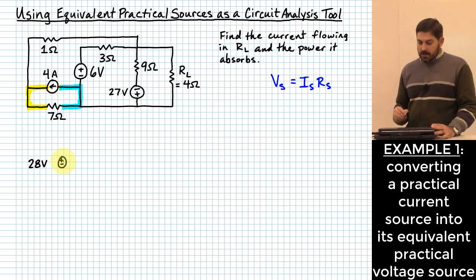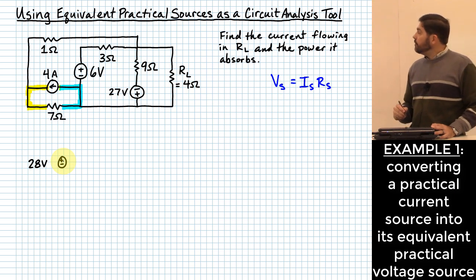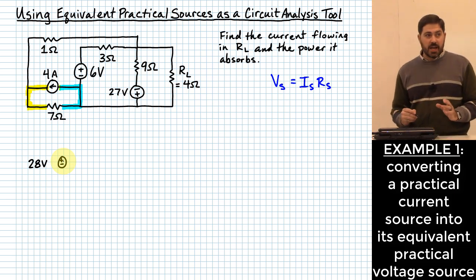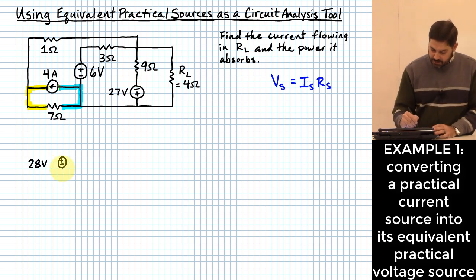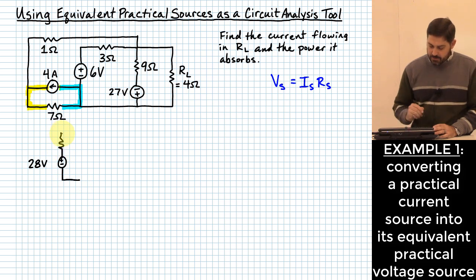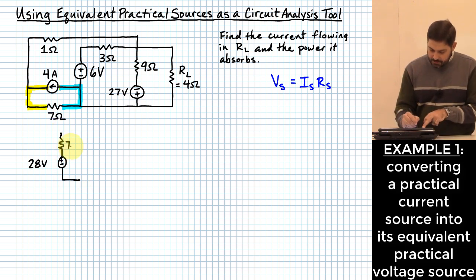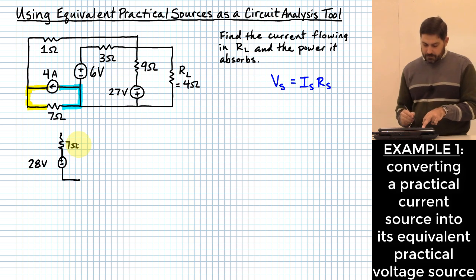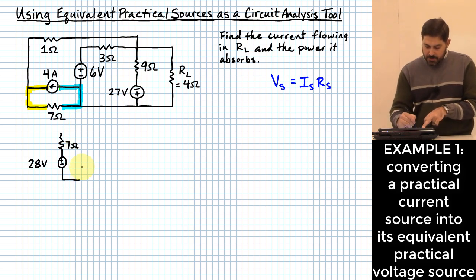Okay. When you do this, the resistance value doesn't change. You keep the same resistance value. The Rs that I had over there, you're going to keep that Rs value of 7 ohms. Okay? And what we're doing here is we're thinking of how we're connecting from this blue node down here up to the yellow node.